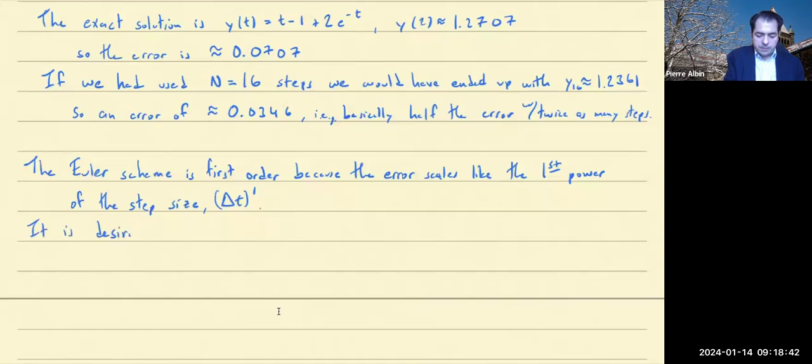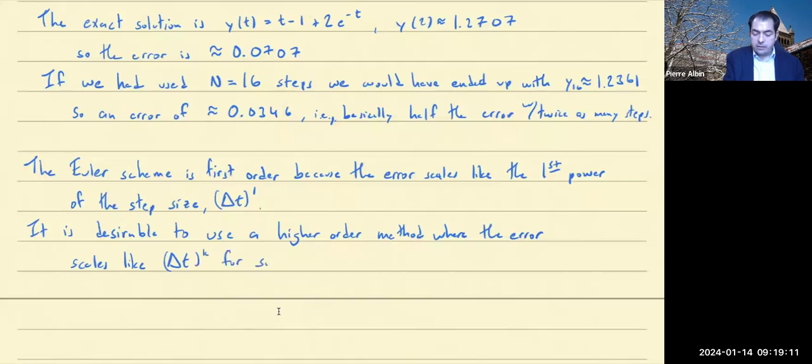It is desirable to use a higher order method where the error scales like delta t to the k for some k greater than 1. If it scales like delta t squared, we call it a second order method. Delta t cubed is a third order method, and so on.